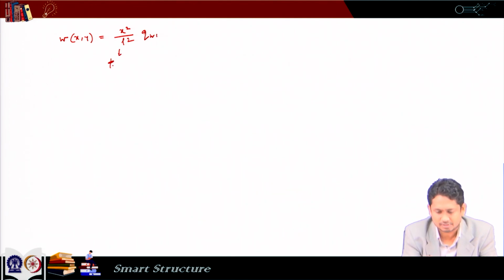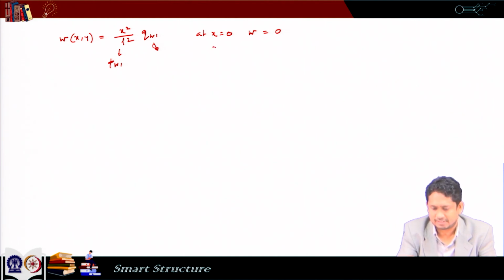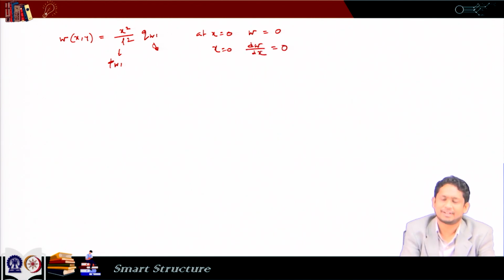So this is, we can call it phi W1, and this is QW1. Now this satisfies the essential boundary condition. So at x equal to 0, W is 0 and at x equal to 0 dw by dx is equal to 0. So the cantilever boundary condition is satisfied, slope and displacement at x equal to 0 is 0.